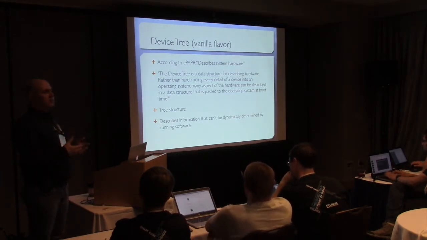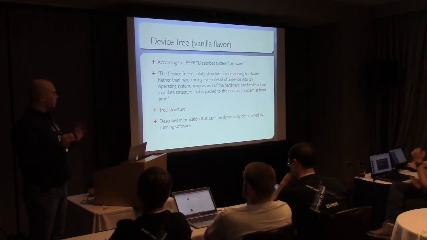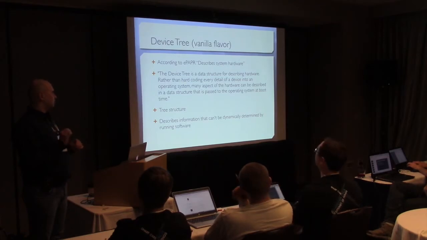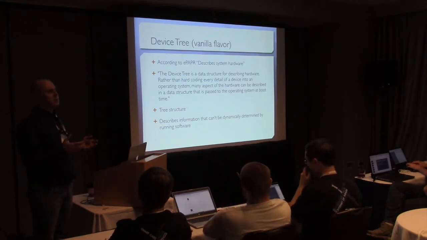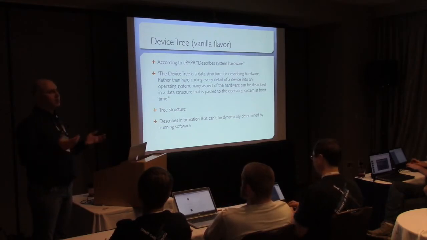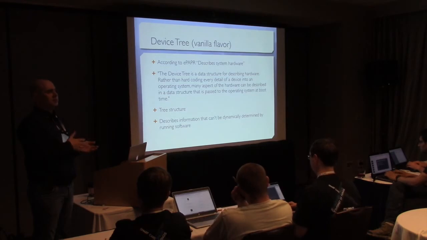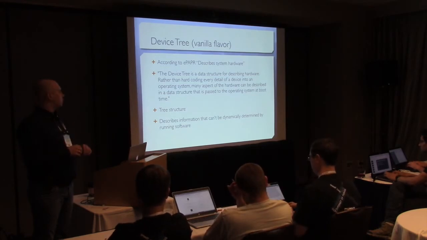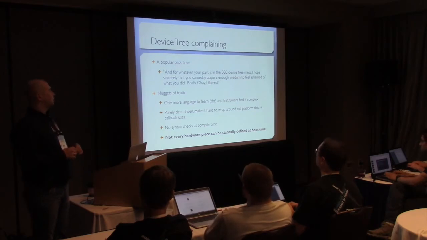You describe everything in a device tree file, which has a tree structure, and the standard especially states that it describes information that cannot be dynamically determined by running software. What this means is, when you have an ARM SoC, the hardware configuration is fixed. You just need to pass that data to the kernel to make it work. But that's not exactly correct.